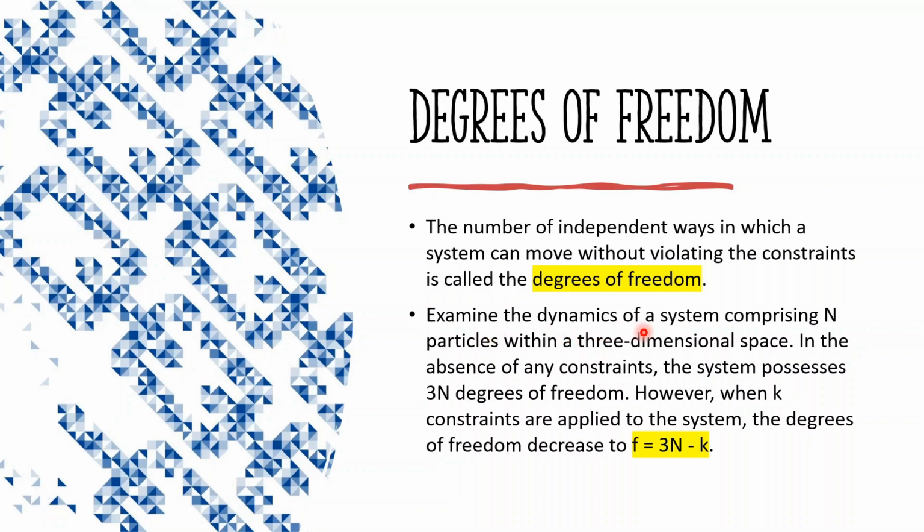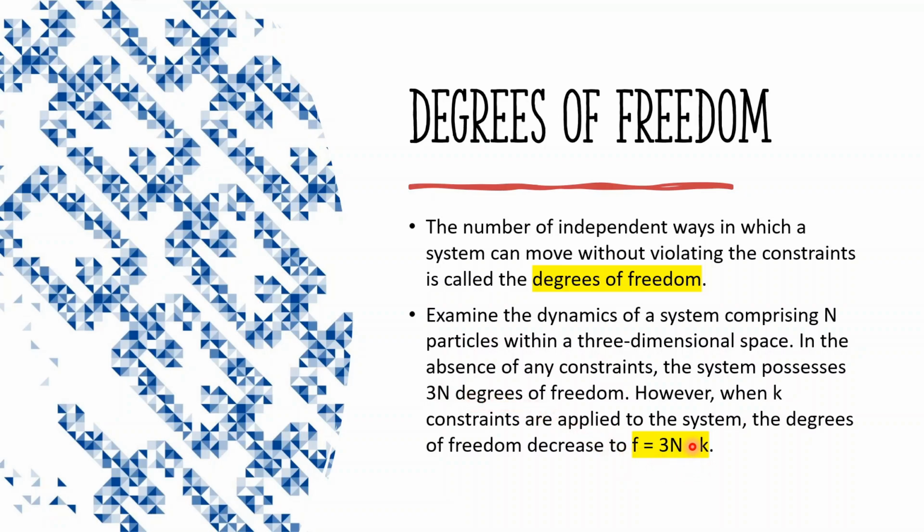Examine the dynamics of a system comprising n particles within a three-dimensional space. In the absence of any constraints, the system possesses 3n degrees of freedom. Suppose a system contains 3 particles; in the absence of constraints, the degrees of freedom is 9.